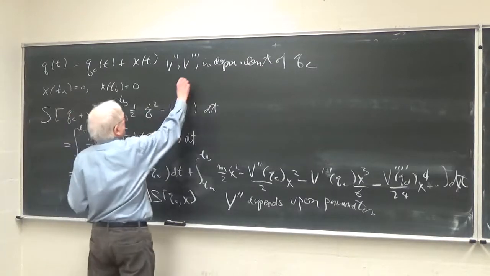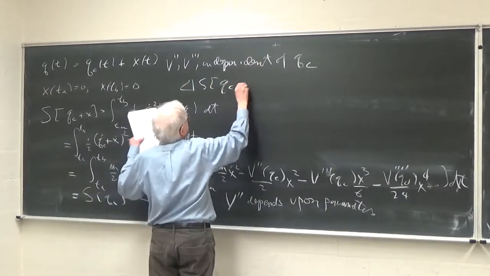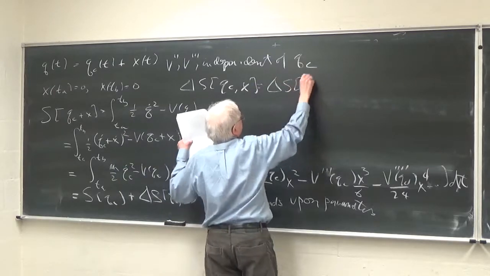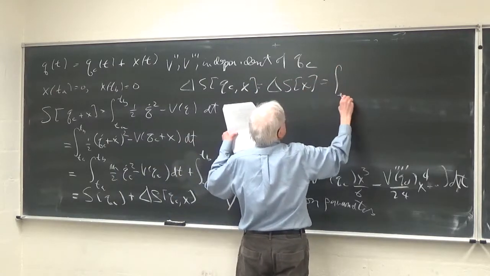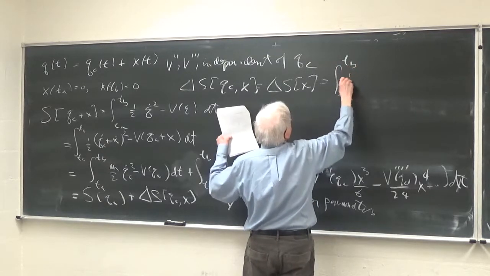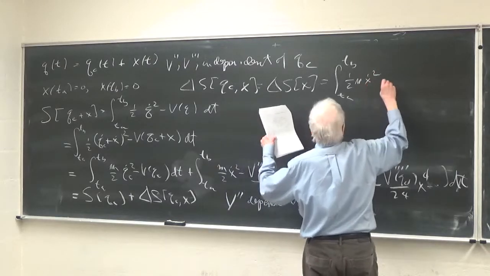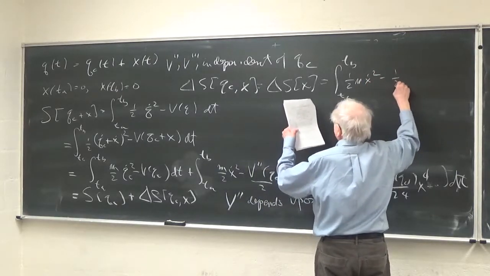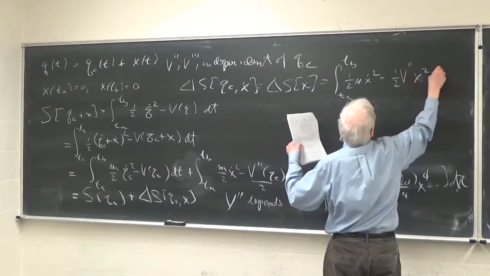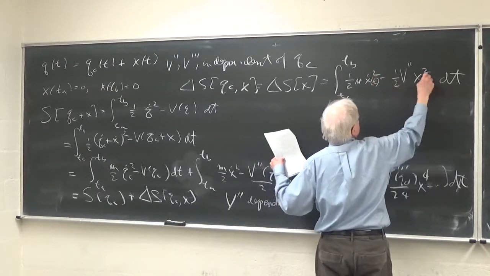And so in other words, delta S of q classical and x is just delta S of x, which is an integral from t_a to t_b of 1/2 m x dot squared minus a half V double prime x squared dt, and of course these are x of t's.